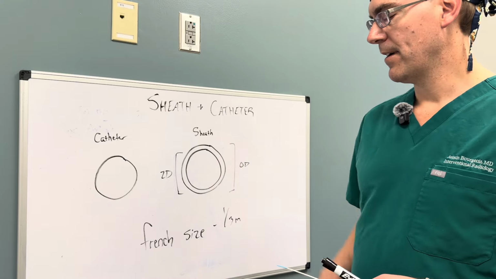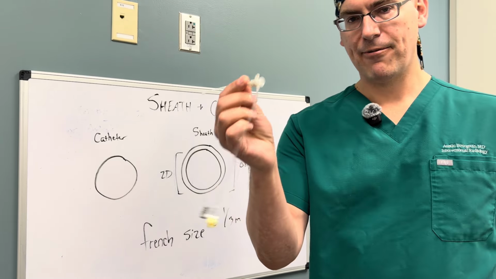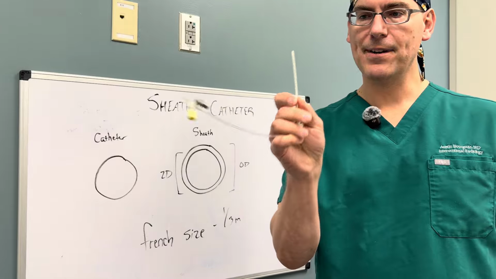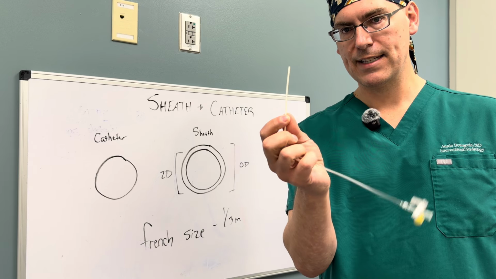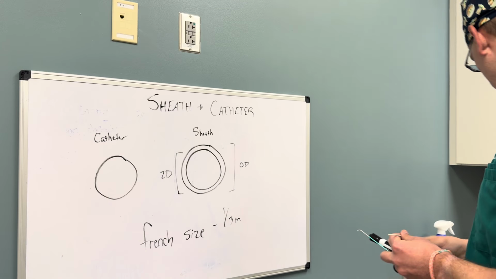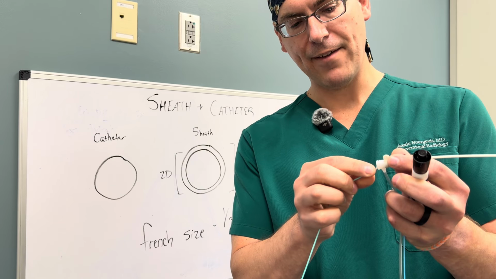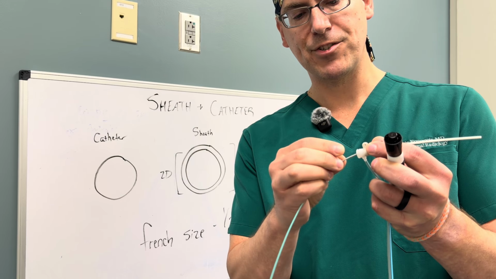So this is a 5 French sheath right here. The outer diameter of the sheath is actually 7 French, and the inner diameter is 5 French, because it will accommodate a 5 French catheter.